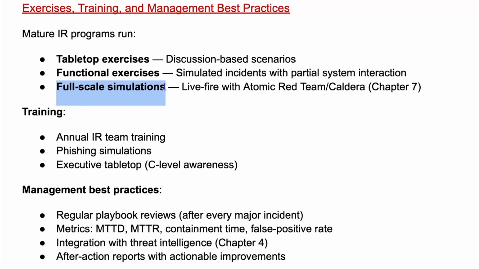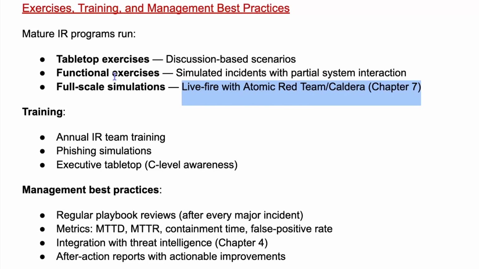And then you have a full scale simulation, which is live fire with Atomic Red Team or Caldera, which is what we talked about in episode 7, chapter 7. And there are also other videos that exist on this channel, as well as rooms on TryHackMe that will take you through Atomic Red Team and the use of Caldera in both of them and how they map to the MITRE ATT&CK framework and things like that.